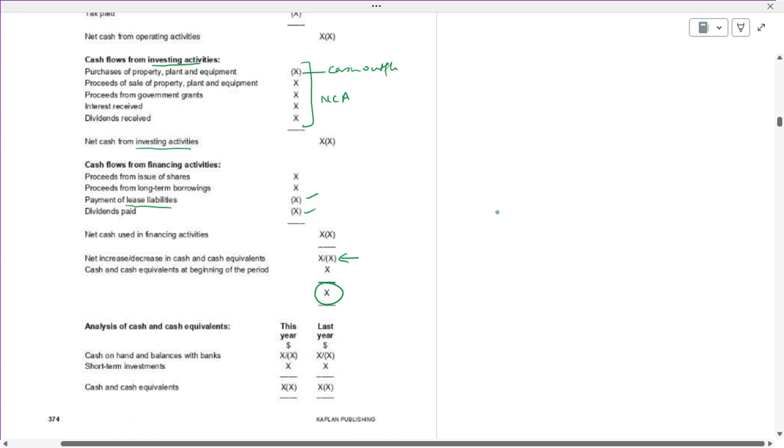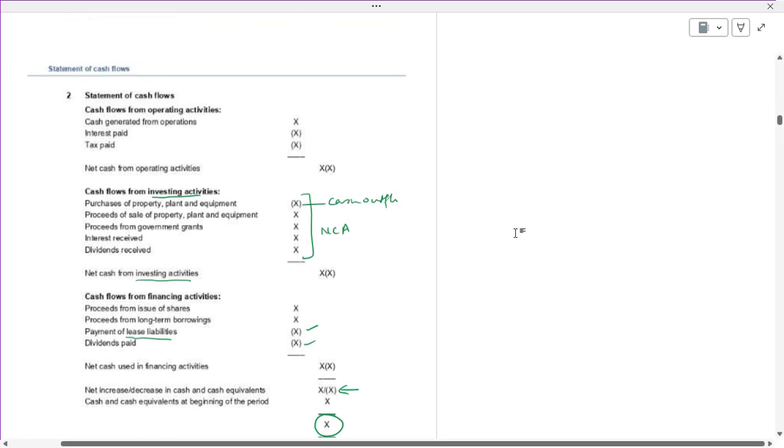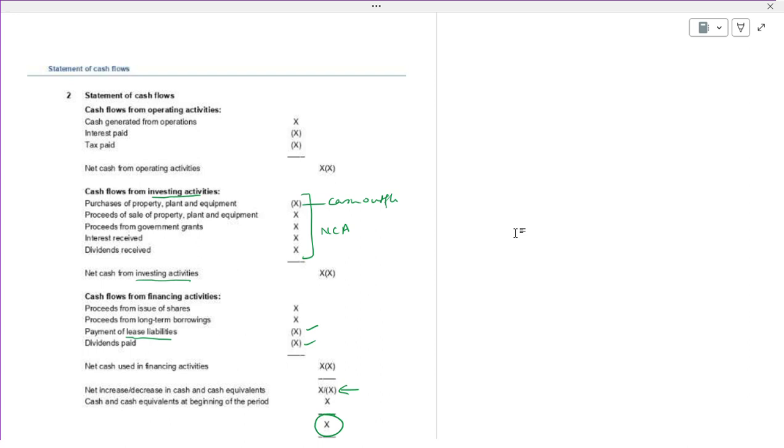In between, I am telling you, this is the way marks will be scored in calculation papers. That is the reason calculation papers are easy to pass. Don't worry that something has gone wrong and you will lose marks. No, for every step they will have marks.